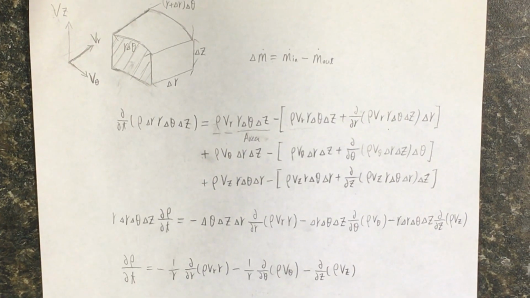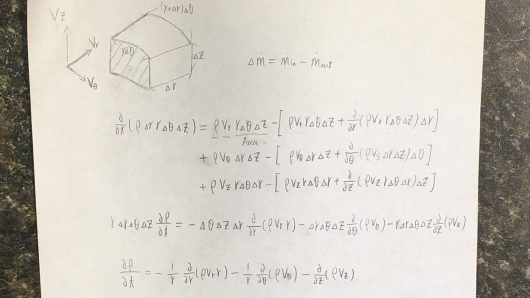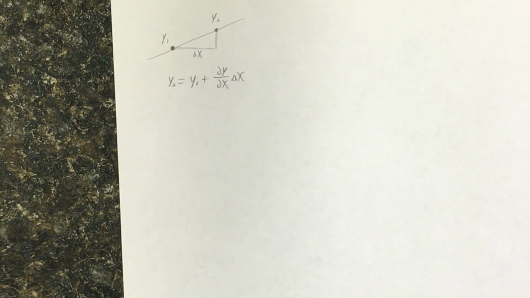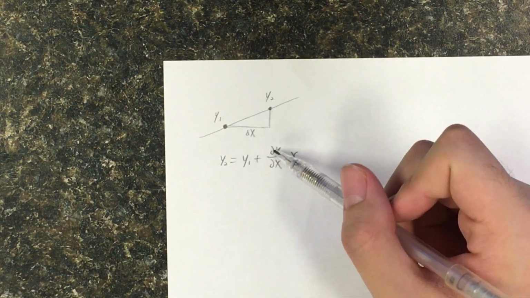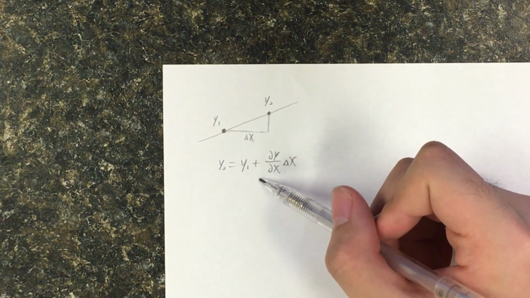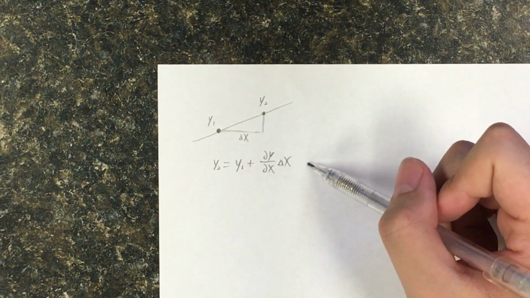Before talking about the mass flow rate out of the control volume, I want to discuss some concepts in linear functions. In a linear function, if we want to find y2 based on y1, we can use y2 equals y1 plus partial y partial x multiplied by delta x here.